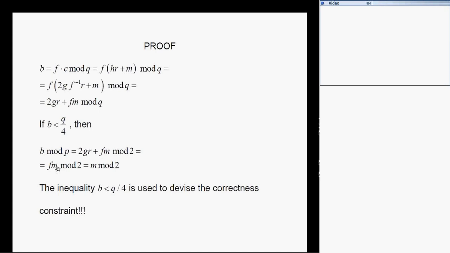That was a requirement when we used the definition 2 multiplied by F asterisk plus 1. This is the reason why we did it exactly this way, so that this F mod 2 would be congruent to 1, which means that this is congruent to M mod 2, and M is our plaintext polynomial, so we just recovered our plaintext.